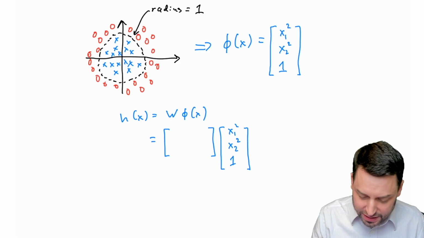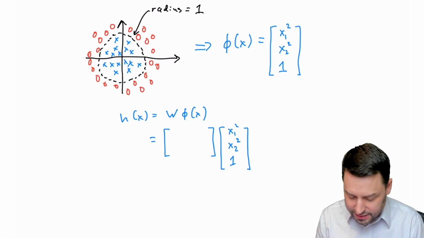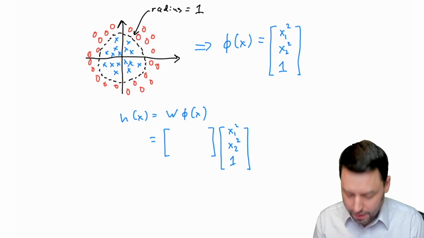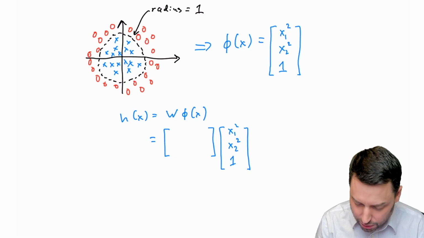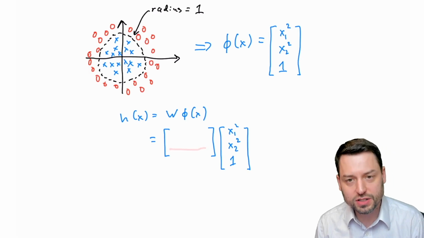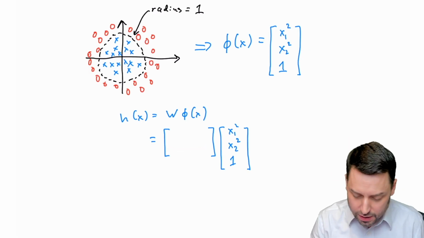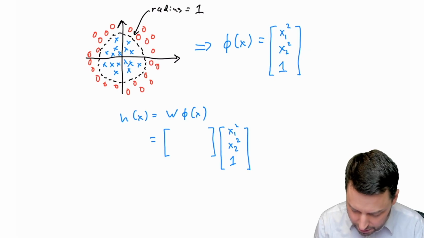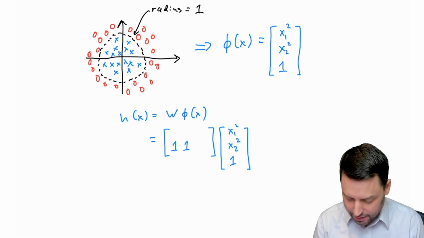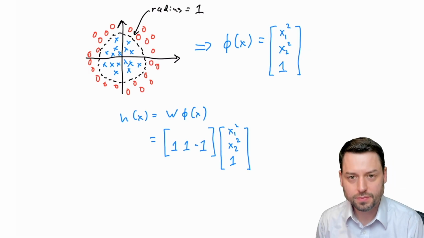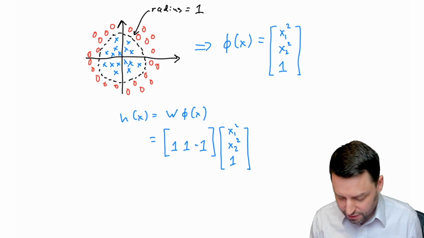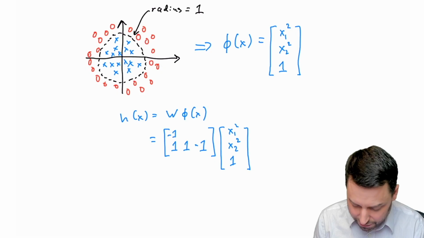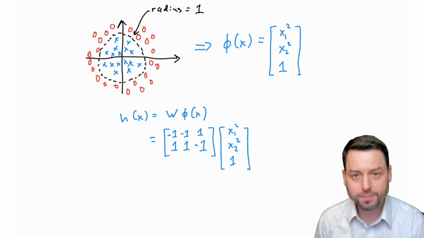So let's represent this very naively. We want the second quantity to be large if x squared plus y squared is greater than 1. So let's make the second row a 1, a 1, and a negative 1. And we'll make the first row, by the way, just the negative of this: negative 1, negative 1, and 1.